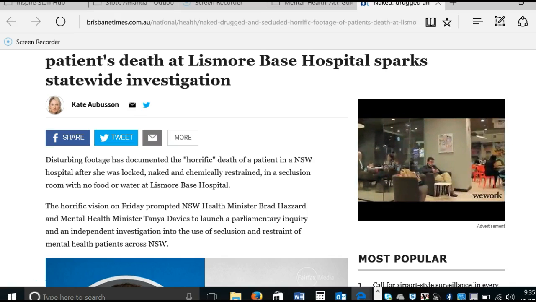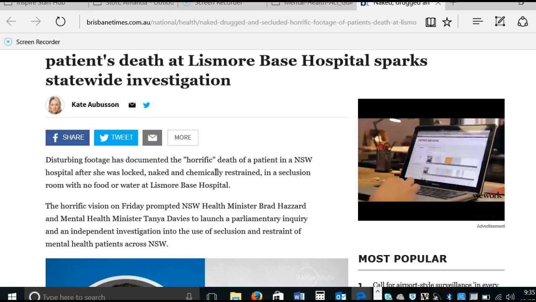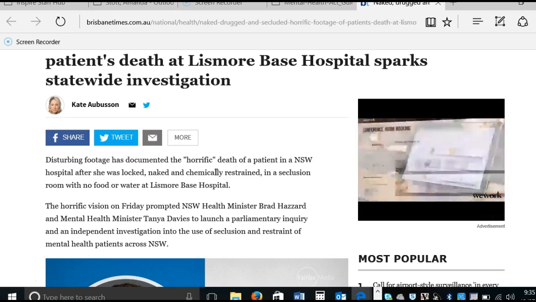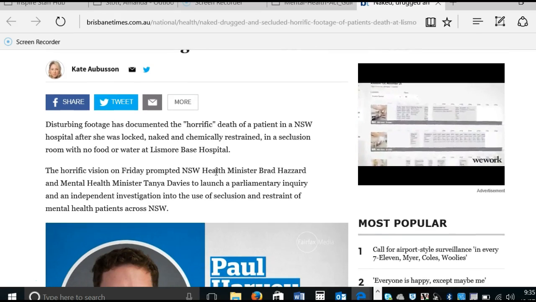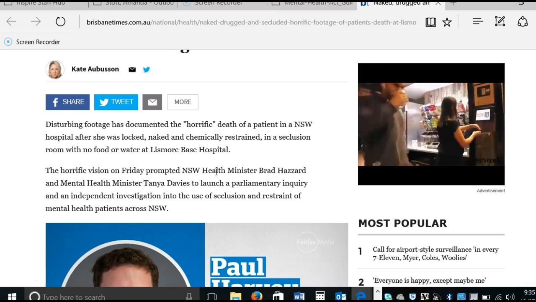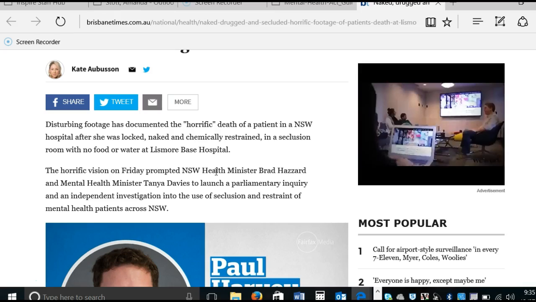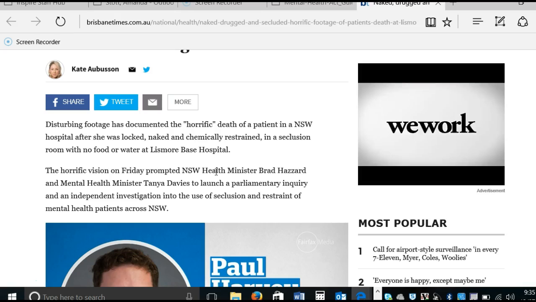But I want to highlight 2 things, and it's the actions of the 2 nurses that were responsible for the care of Miriam. So under the Mental Health Act, patients with a mental illness, which Miriam had, have the legal right to proper care and treatment.